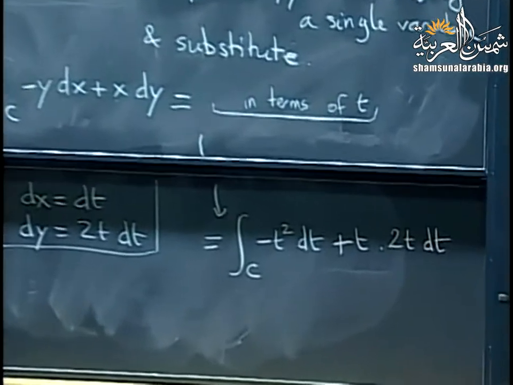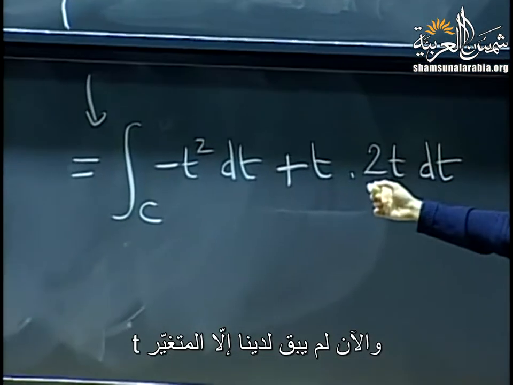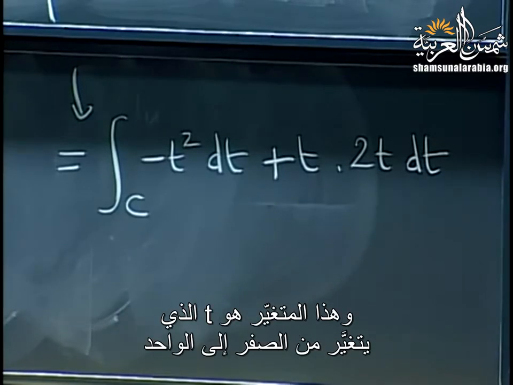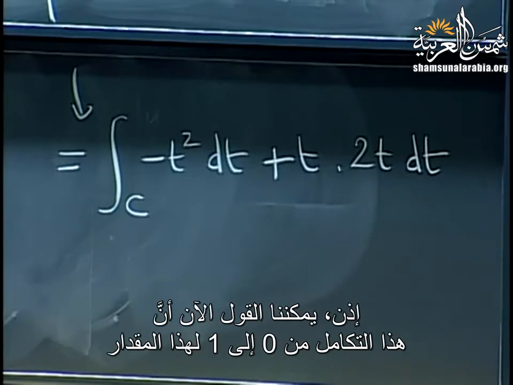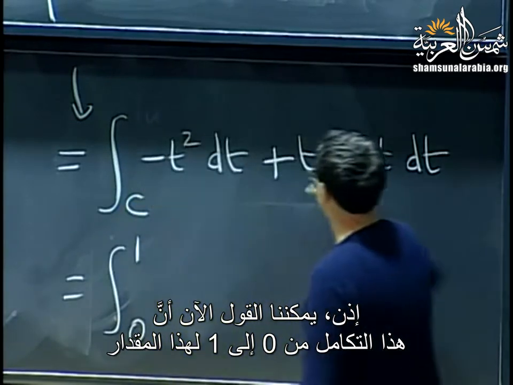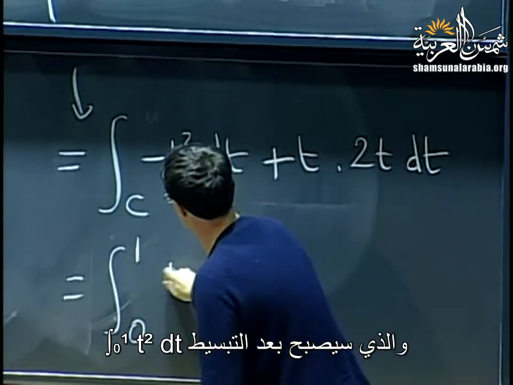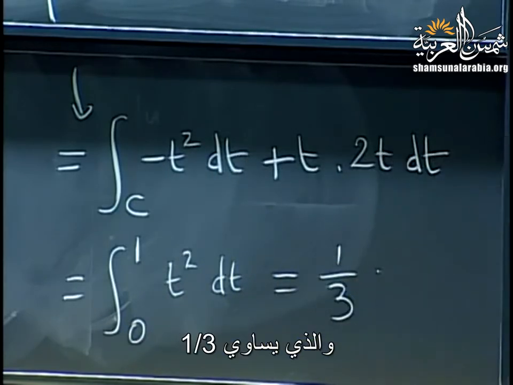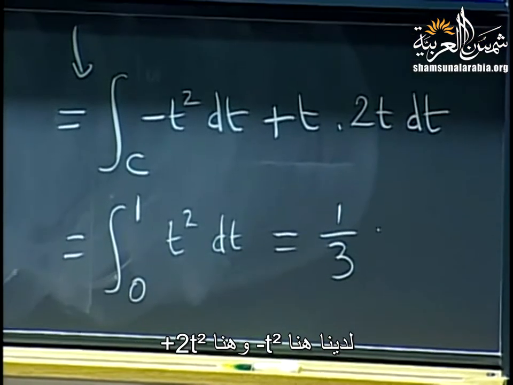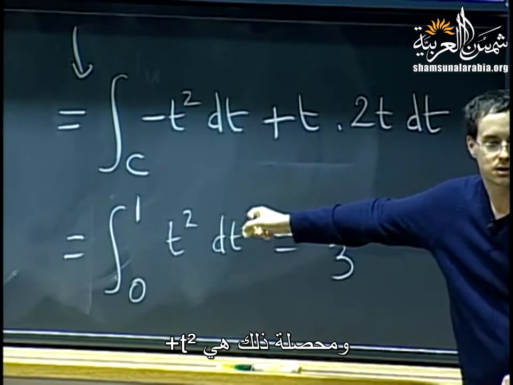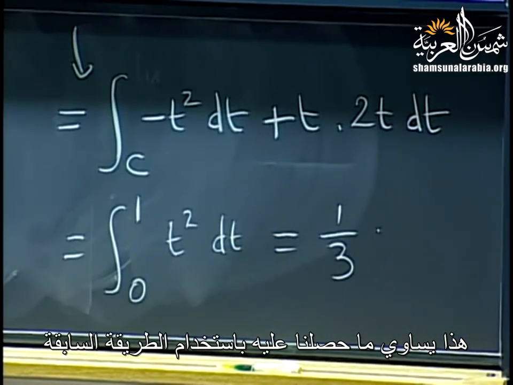And now that I have only t left, it's fine to say I have a usual single variable integral over a variable t that goes from 0 to 1. So this is the integral from 0 to 1 of that stuff. I can simplify a bit: I have negative t squared, and then I have plus 2t squared. So I end up with positive t squared dt, and I can compute it. Okay, it's the same as up there.